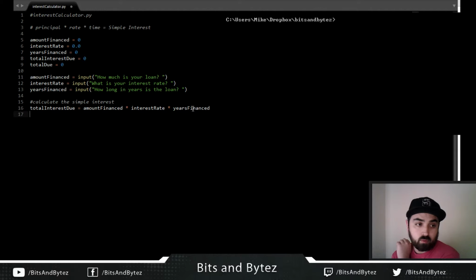And then what that'll do is calculate the total interest, but I'll go over something later. If the user enters something that's not a decimal, it'll round off whatever is a fraction. I'll explain in a second. And then I'll just show you, print total interest due.